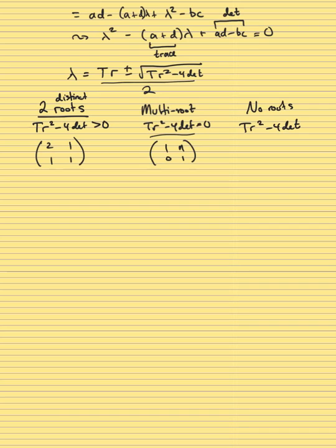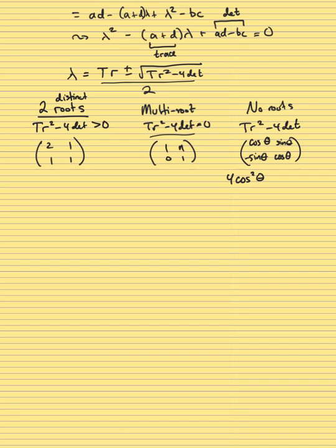And finally, this one can be cosine, sine, negative sine, cosine. In this case, trace squared is 4 cosine squared theta. The determinant is cosine squared plus sine squared.